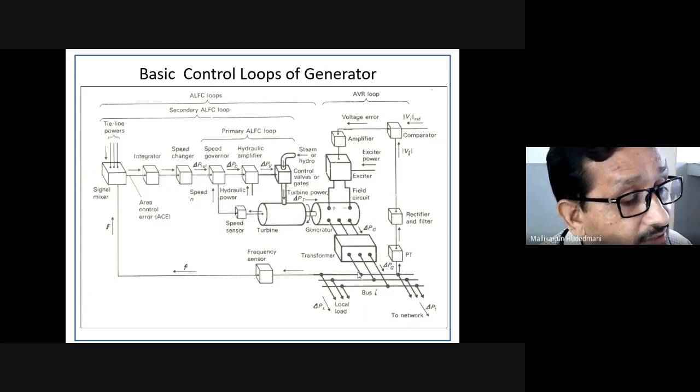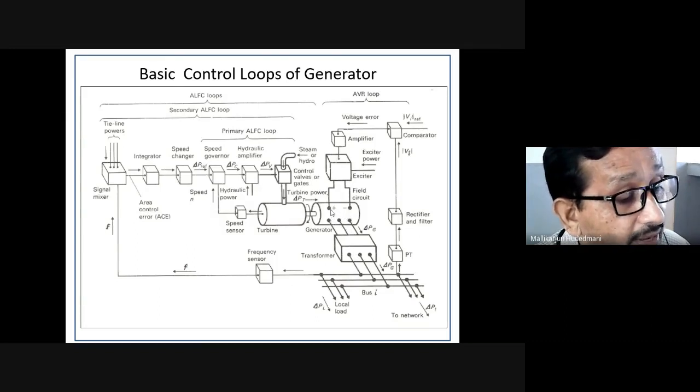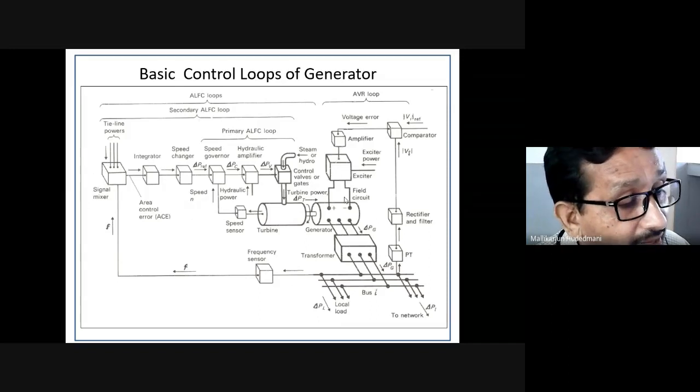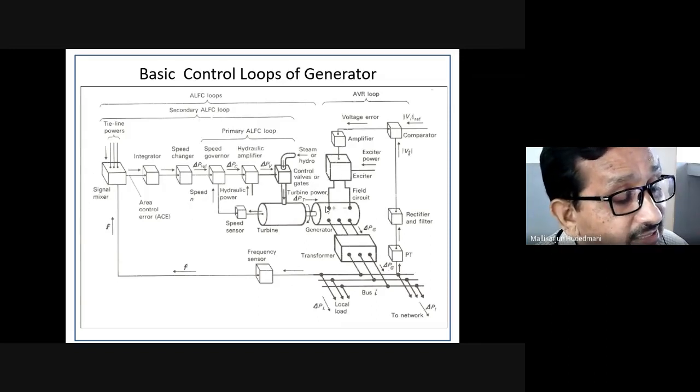For this generator to maintain the terminal voltage, this synchronous generator requires magnetization of the field system. We call it the exciter. The exciter is a mechanism providing the field voltage and current requirements of the main synchronous generator. I have shown a DC exciter.